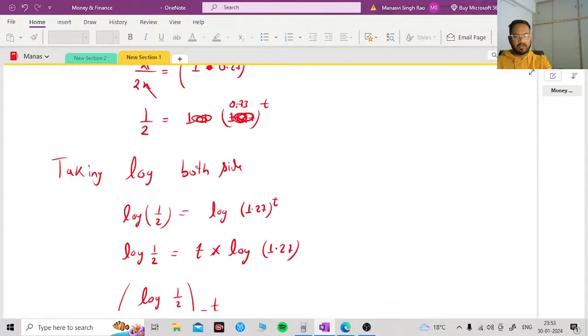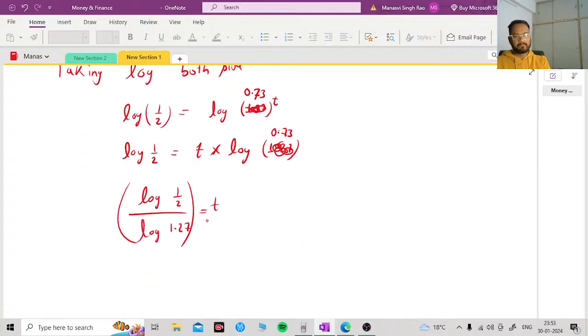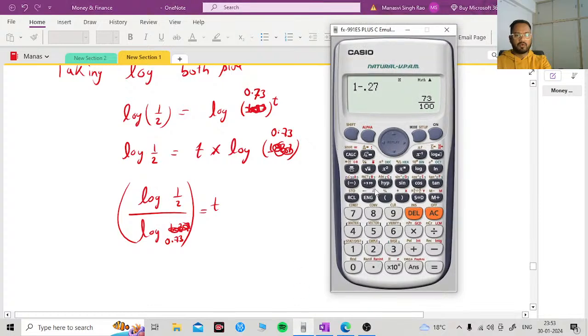So we'll subtract 1 minus 0.27, so 0.73. Instead of 1.27, we'll write 0.73. Now let's check the answer. What is the answer coming now? 0.73. So now it is coming correct or not? By that way we can get the value.